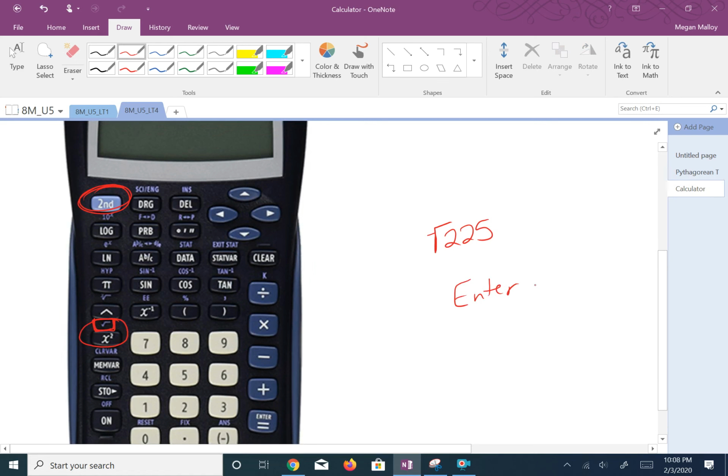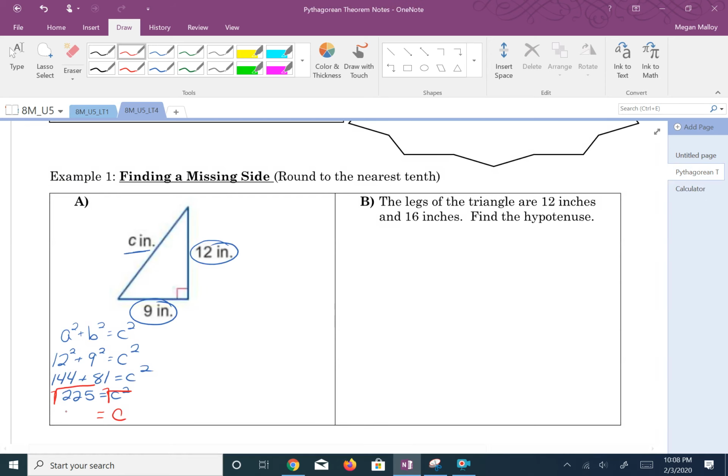And when you do that, you should get that c equals 15. So our missing side length is equal to 15 inches.